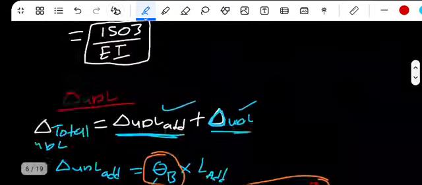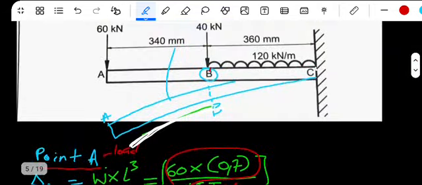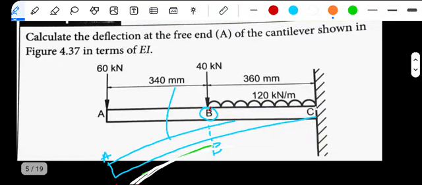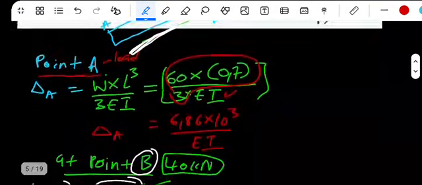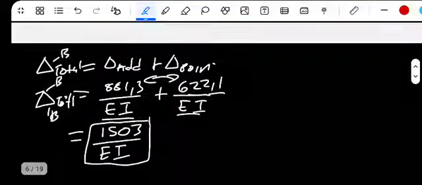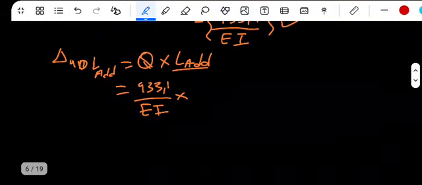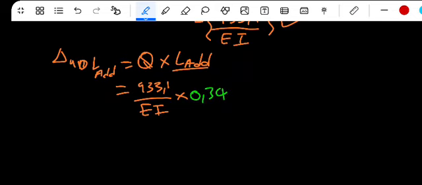Now the additional length is from this UDL, where it starts here at B, going there is 0.34, the same as 340.